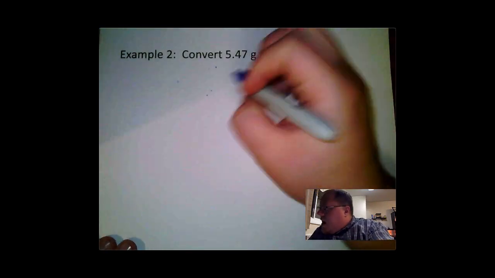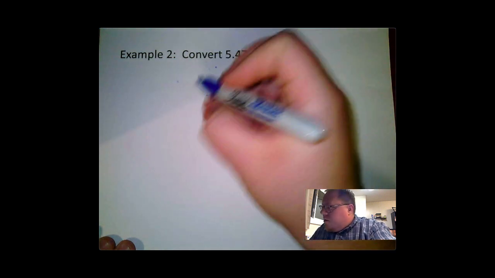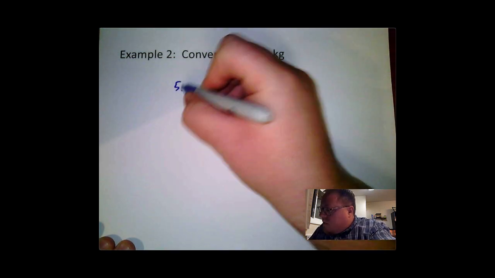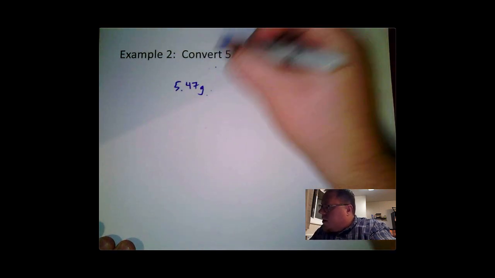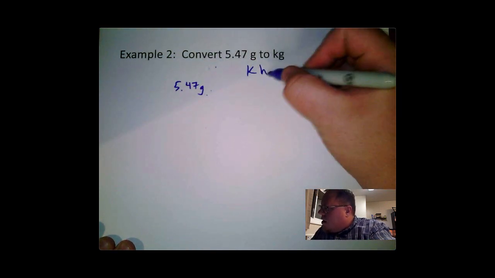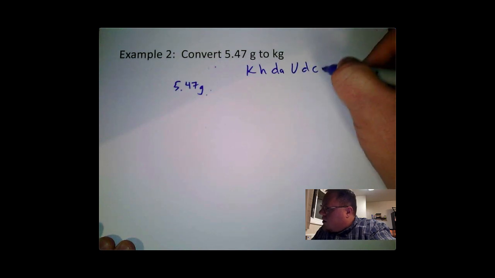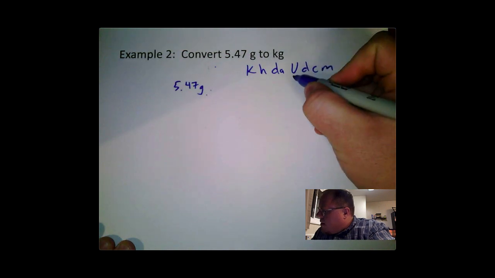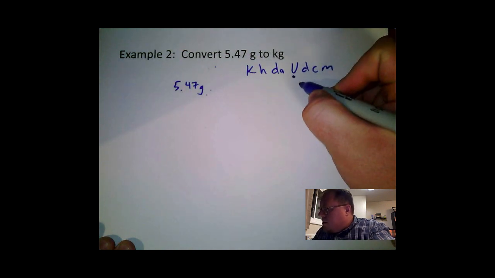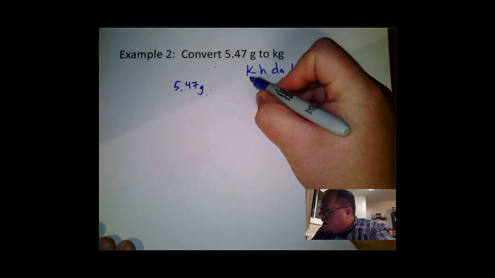So I'm going to do it again. This time I'm going to convert 5.47 grams to kilograms. So I have 5.47 grams. I want to know how many kilograms that is. Well, King Henry died unexpectedly drinking chocolate milk. So I'm going from gram, that's the unit here. Remember that U stands for gram, liter, or meter, all the way up to kilo right here.